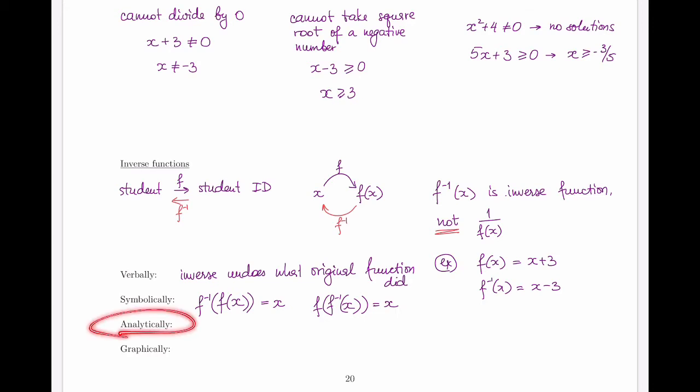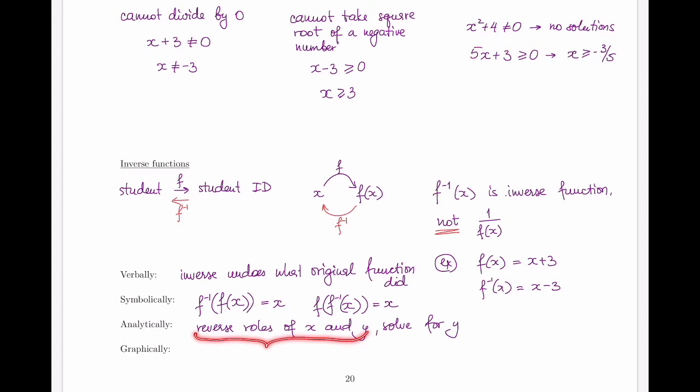Analytically, and that is how to find the actual inverse of a function if you're given an analytical expression for the original function, we will reverse roles of x and y. And you probably remember doing that in precalculus. And then we will solve for y. Graphically, we can draw inspiration from the analytic process.